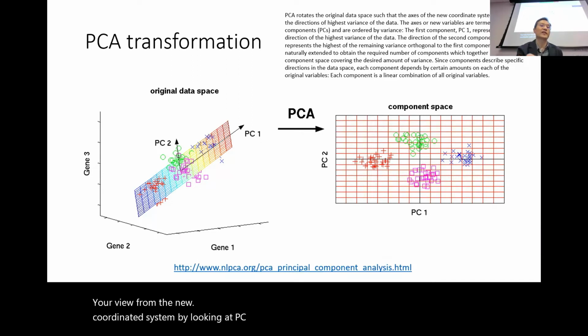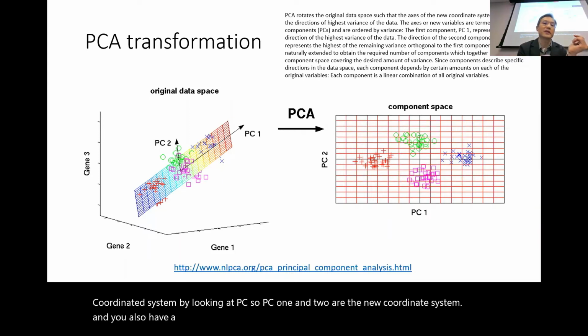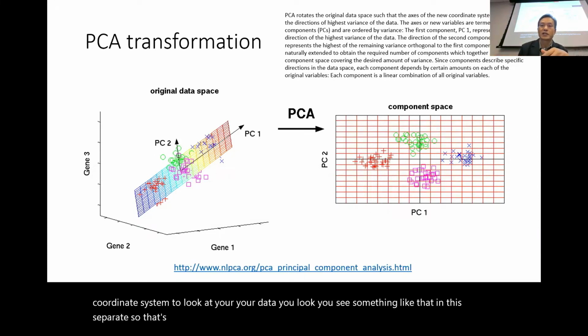PC1 and PC2 are the new coordinate system. You also have a PC3, and they didn't show it. But now you use PC1 and PC2 as a new coordinate system to look at your data. You see something like that. You separate cells. That's the most.